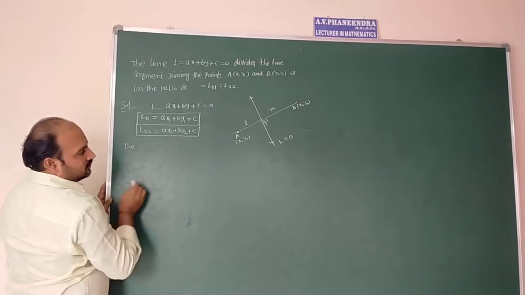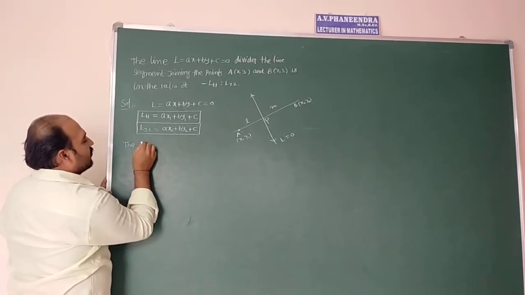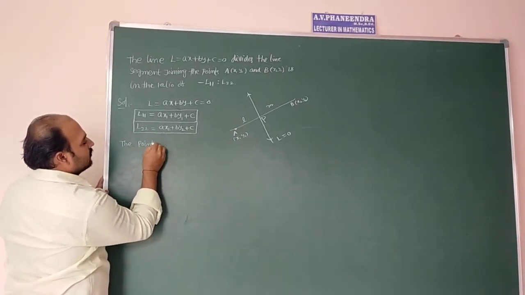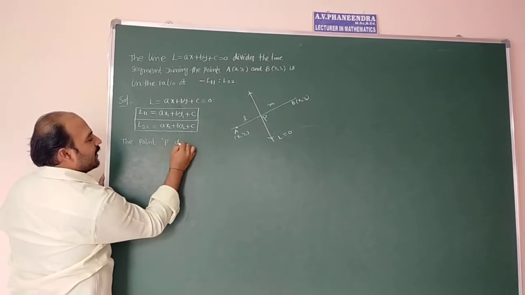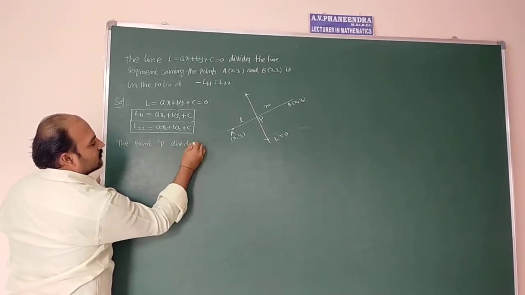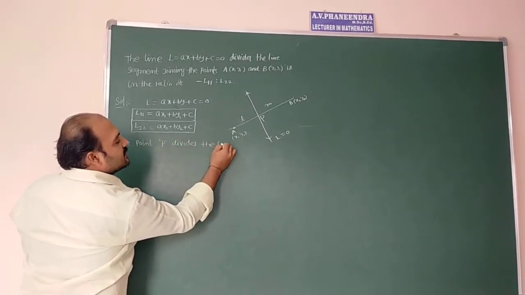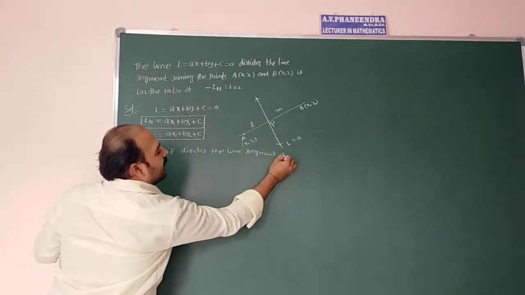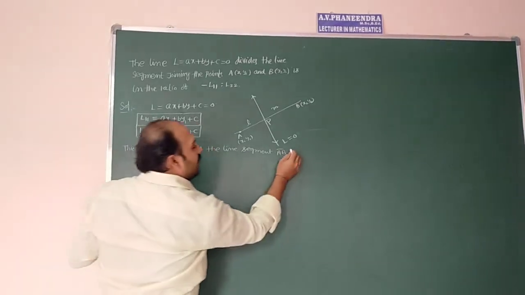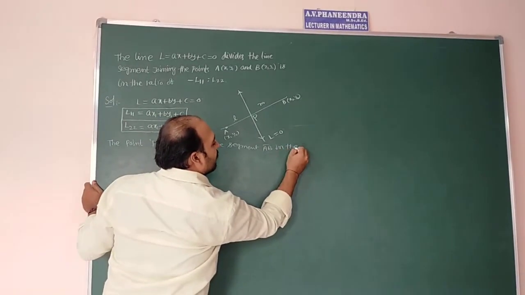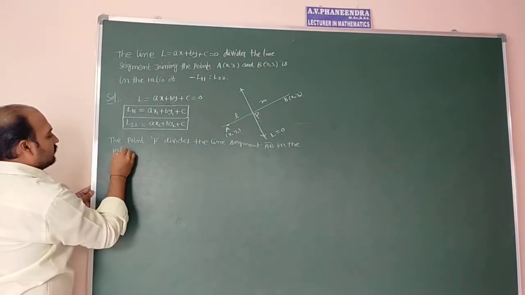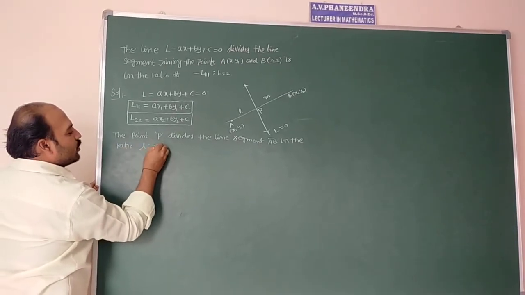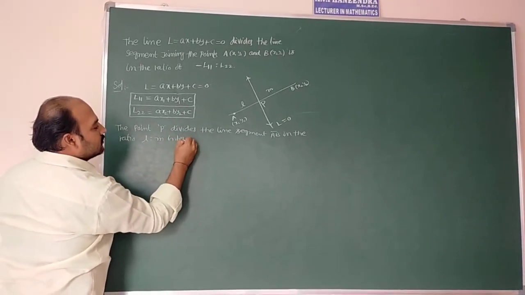The point P divides the line segment AB in the ratio L is to M internally.